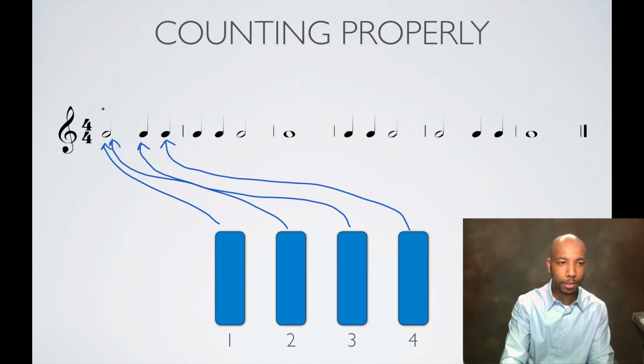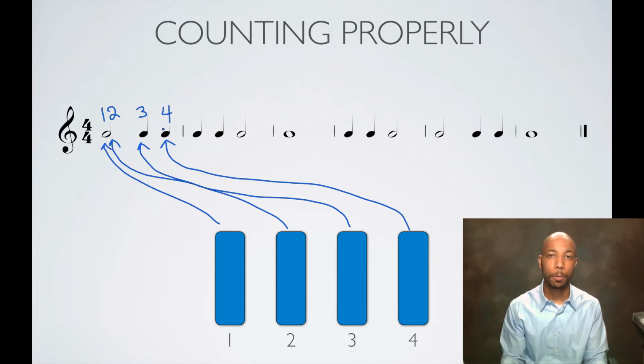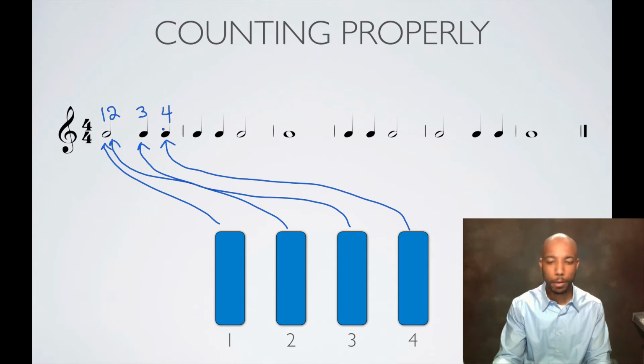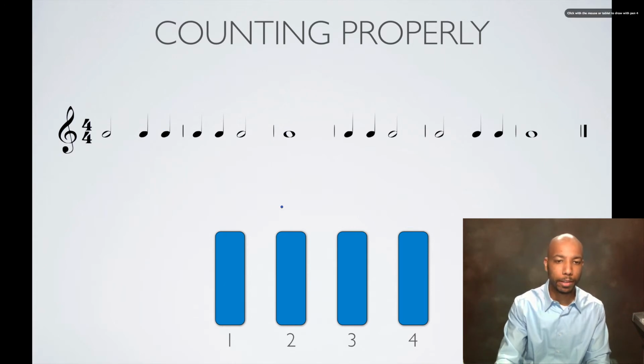So when we're counting this, we count 1, 2, 3, 4. When we're clapping this, same thing. We clap evenly, 1, 2, 3, 4, and so on. Let's do the same thing for the next bar.